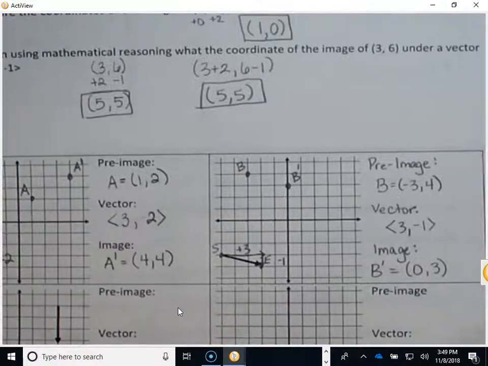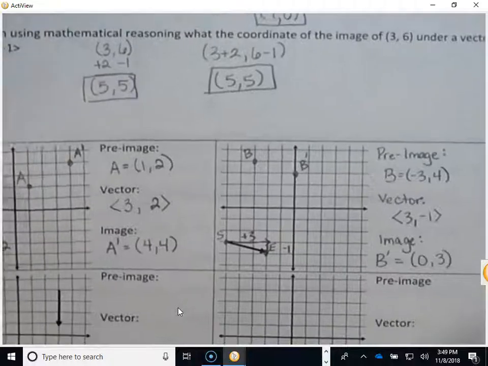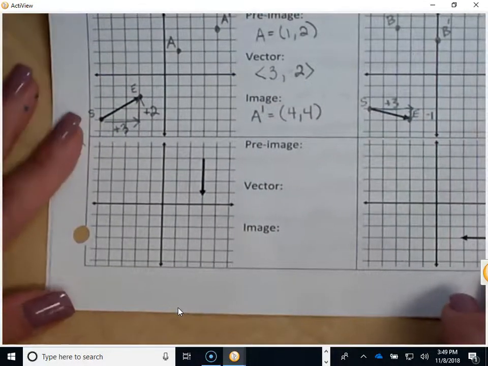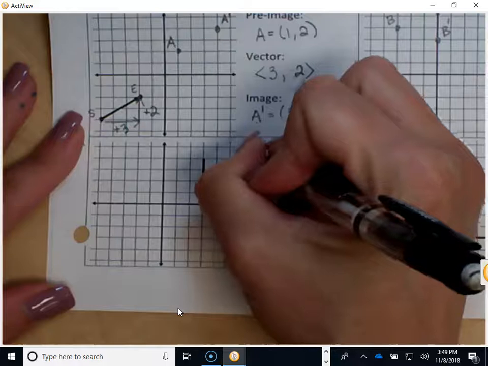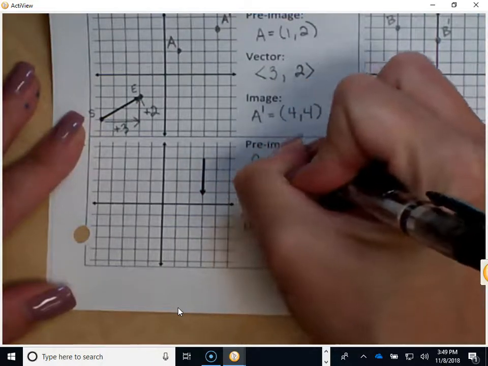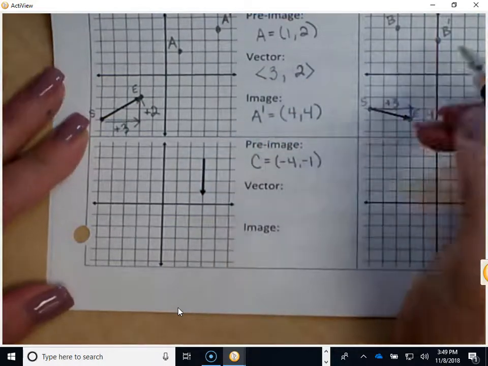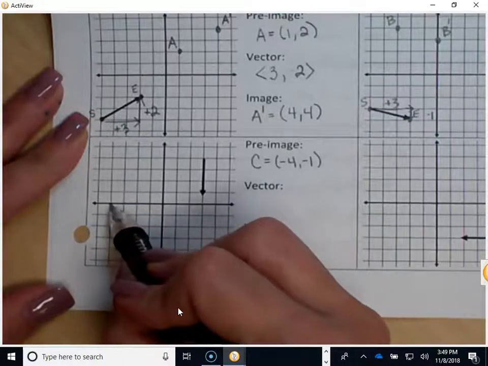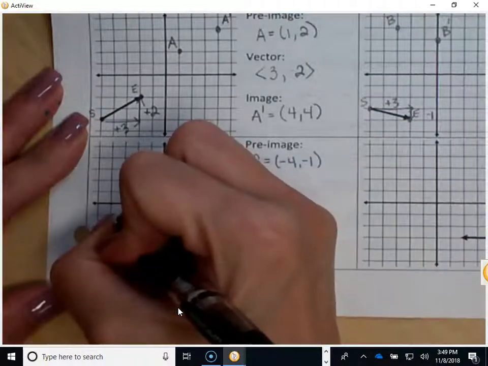Alrighty, let's do another one. Again, if I go too fast, pause, rewind, do what you've got to do. Okay, we're going to put point C at -4, -1. So going to the left 4, 1, 2, 3, 4, down 1 because it's a -1.